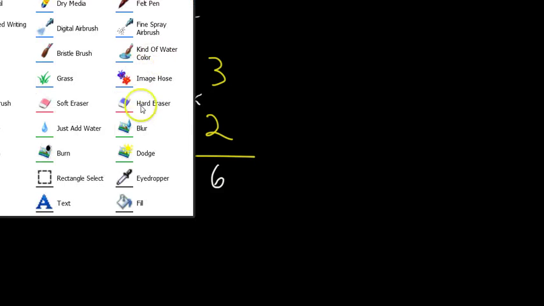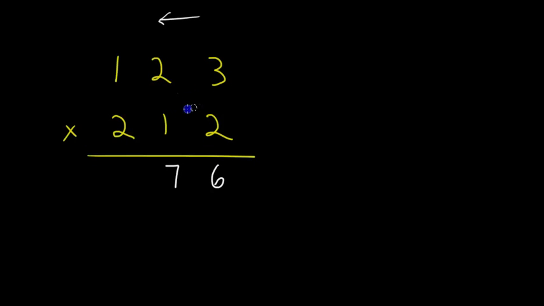Then we keep progressing to the left, and instead of looking at this set, we're going to move over and include the next set. So we're looking at all three digits. And this is where it gets a little bit more tricky, where we're going to crisscross the corners like we did before. 3 times 2 is 6. 1 times 2 is 2.